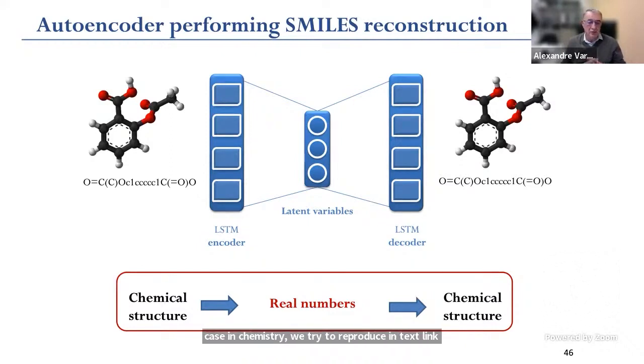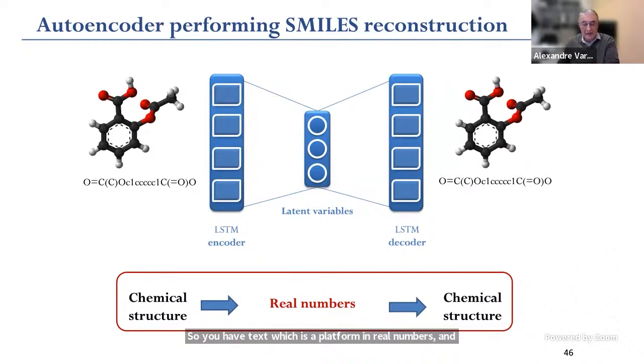As input, you have SMILES, then the neural network creates its numerical image as a vector of so-called latent variables, and then it outputs again the same SMILES. So you have text, which is transformed into real numbers, and then back to text.